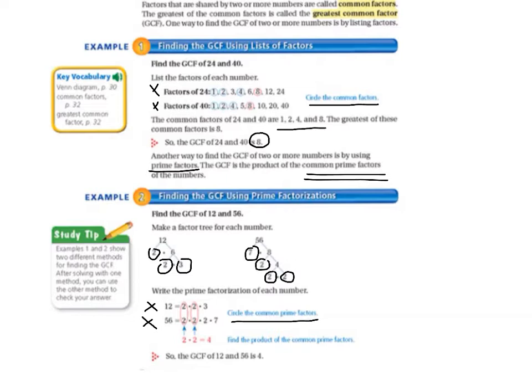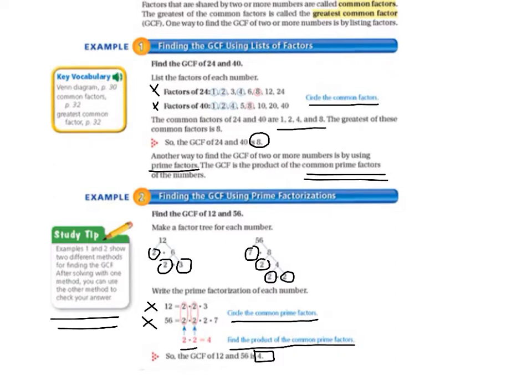And since 2 is in both prime factorizations 2 times, we list it 2 times. So 2 times 2, and then we multiply that. 2 times 2 equals 4. So the greatest common factor of 12 and 56 is 4.